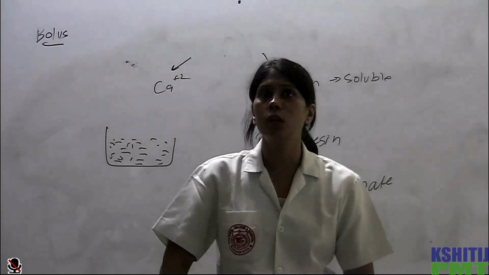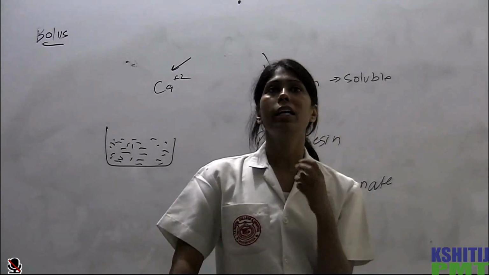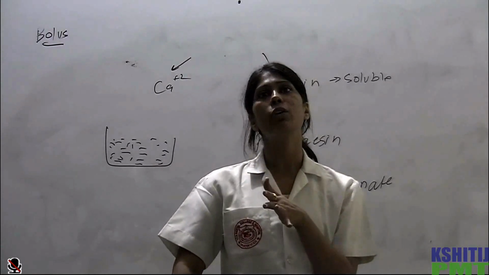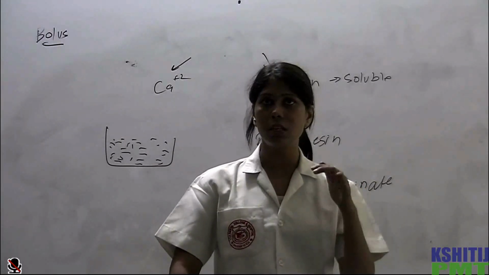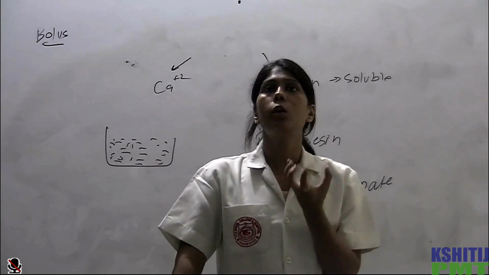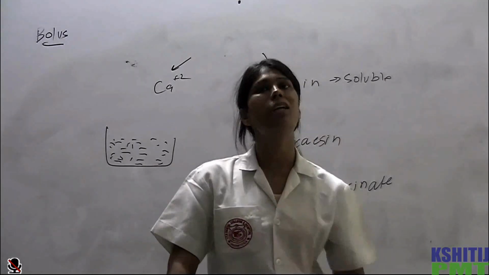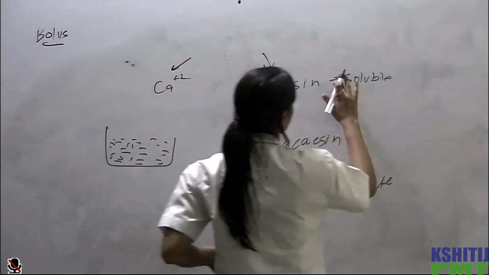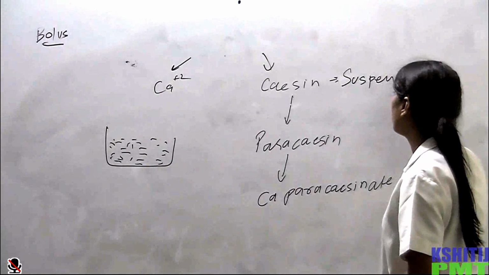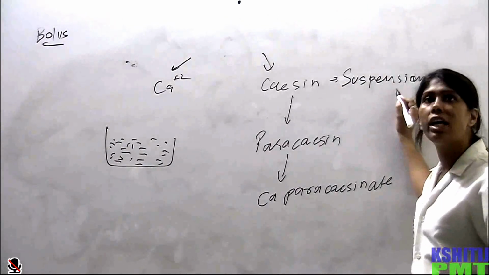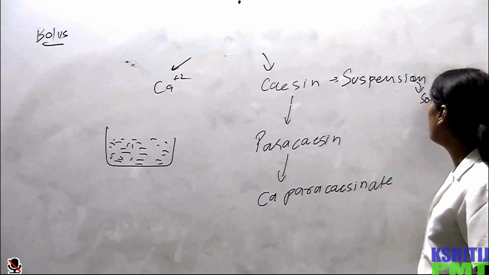Casein is not a soluble part. It is just present as a suspension, suspended in the liquid part. It looks like it is soluble, but actually it forms a suspension.